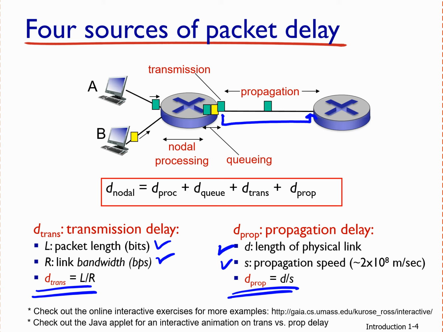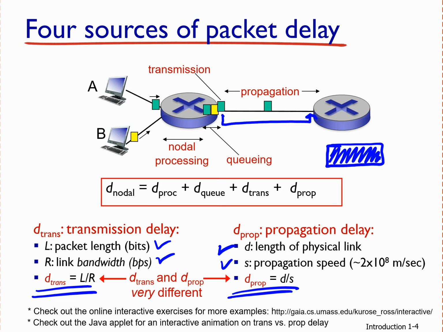There's a huge difference between the transmission and the propagation delay. Let's assume this is our packet. This is bit 0 or bit 1, and let's assume we have 10 bits. This is bit 10.